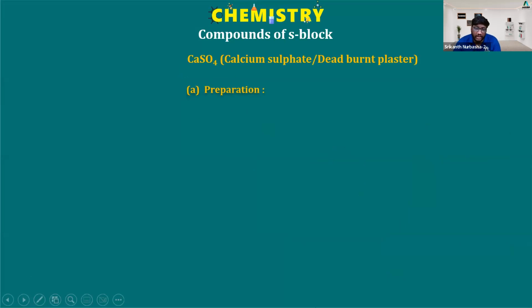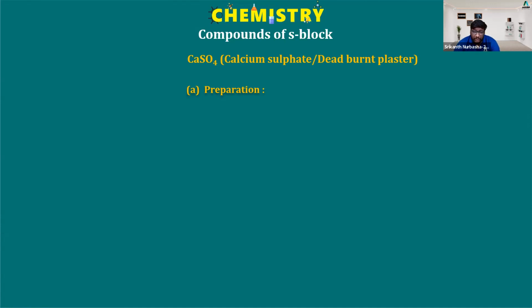Calcium sulfate or dead burnt plaster. So calcium sulfate or dead burnt plaster, in this what category are you going to have? What is that? Gypsum. Like how are we going to prepare it? CaSO4·2H2O is nothing but calcium sulfate. How can you prepare it?